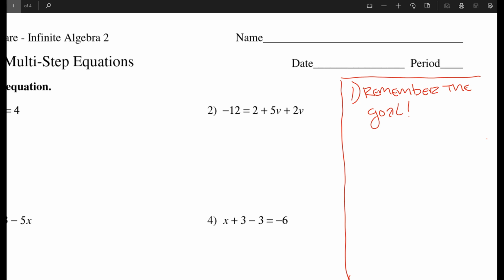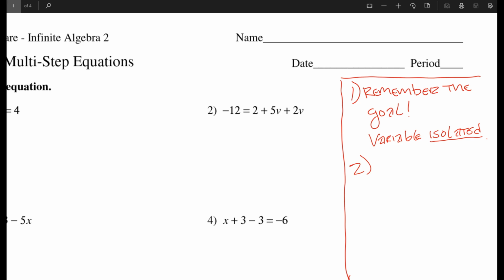So remember the goal, variable, isolated, which means alone.